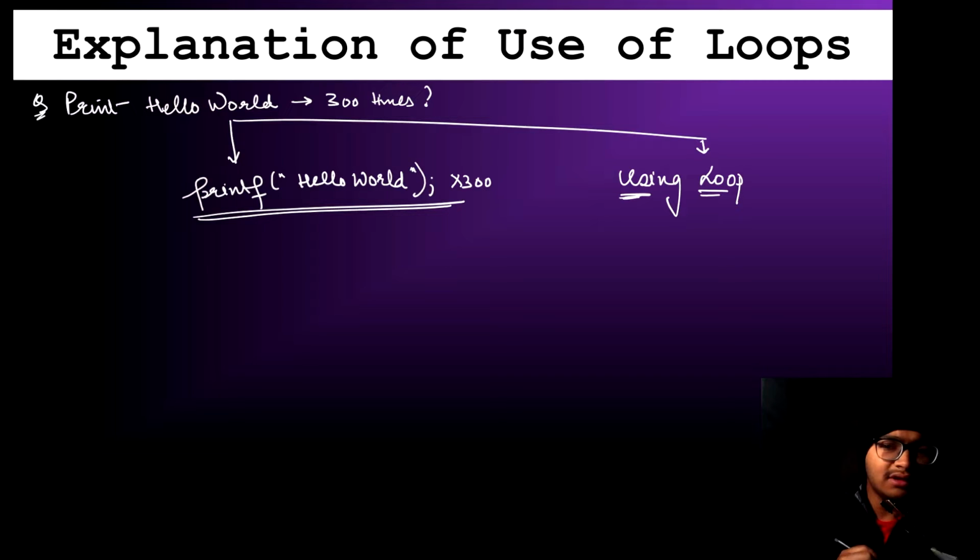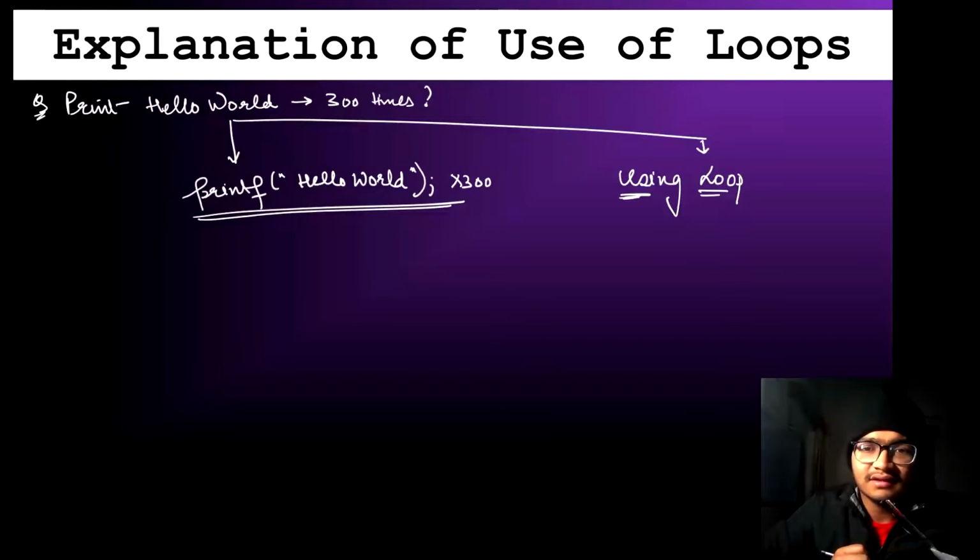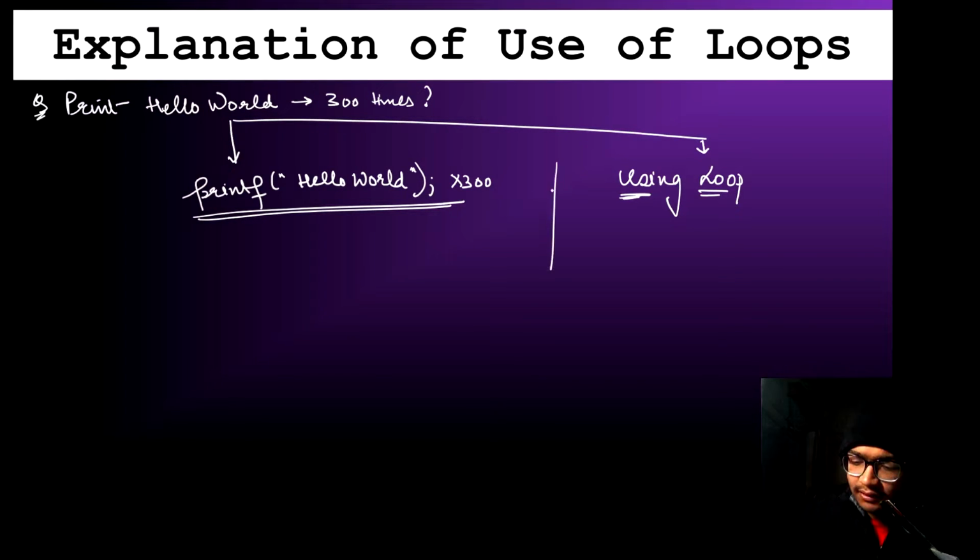No. Why? Because writing printf 300 times does not make any sense when we have the concept of looping. By using looping, we can print 300 times, 3000 times, 30,000 times using a single loop, which is of 4 to 5 lines, while this is of 300 lines.